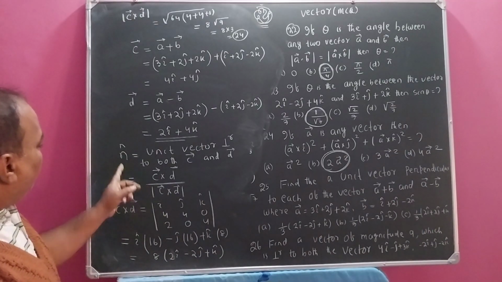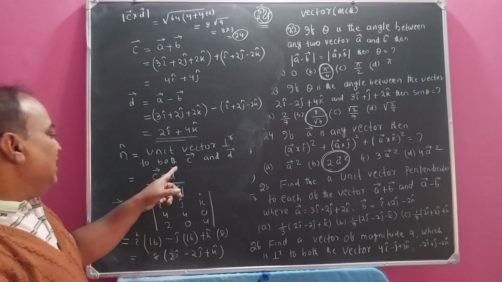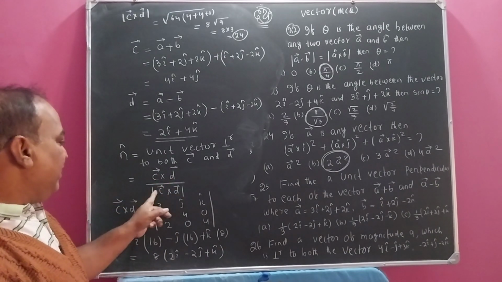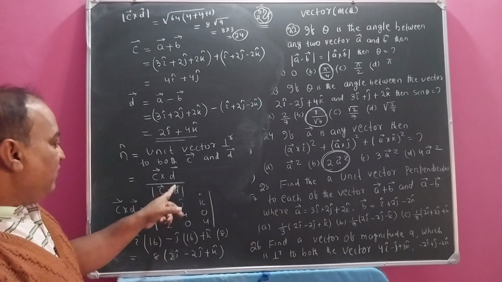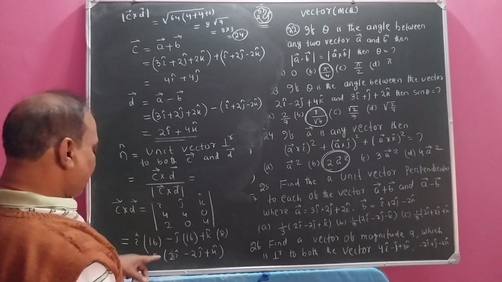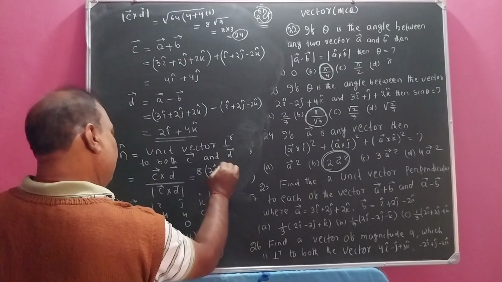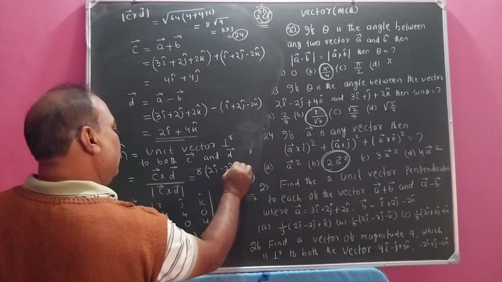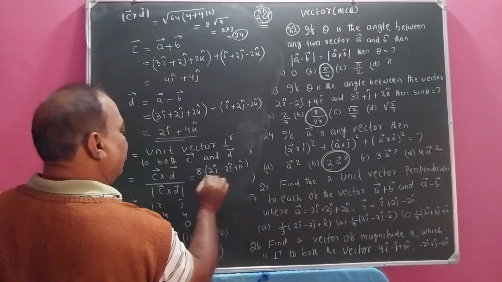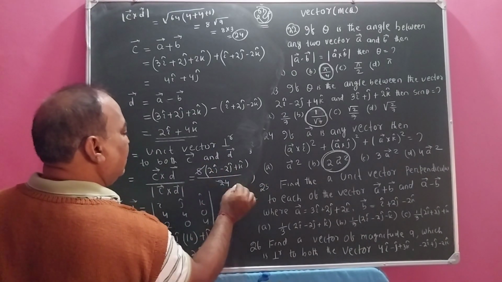Now we have to put n cap equal to c vector cross d vector divided by magnitude of c vector cross d vector. So the result is c cross d is equal to 8 times (2 i cap minus 2 j cap plus k cap), and its magnitude is 24, that is 8 into 3.